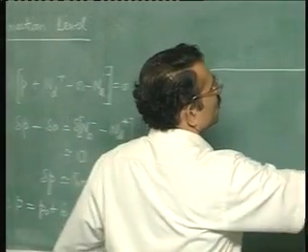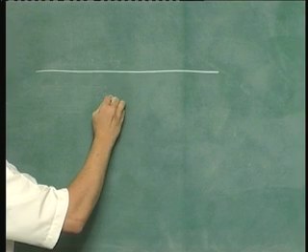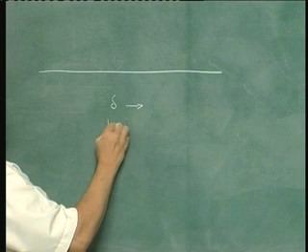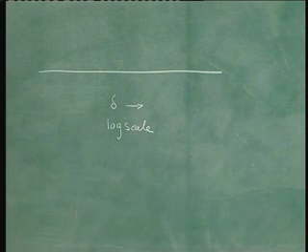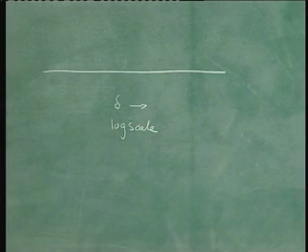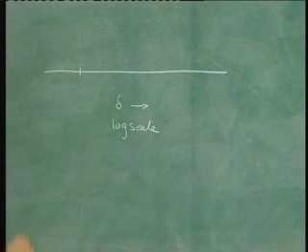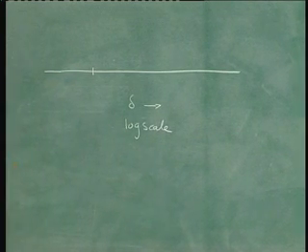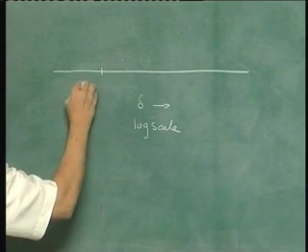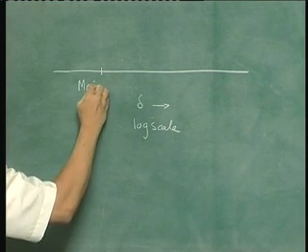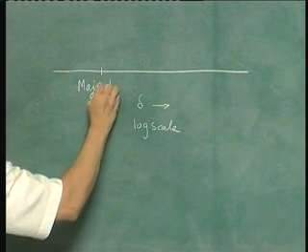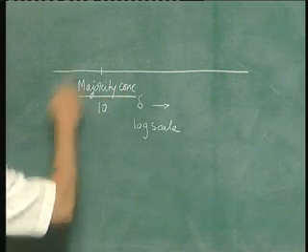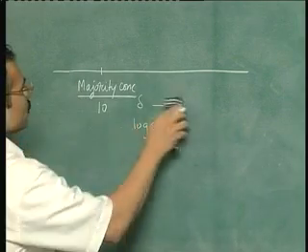Supposing we show the concentration delta on a log scale, then it is clear that if delta is less than 1/10 of the majority carrier concentration, so this is the majority carrier concentration divided by 10, this is what this particular point represents.